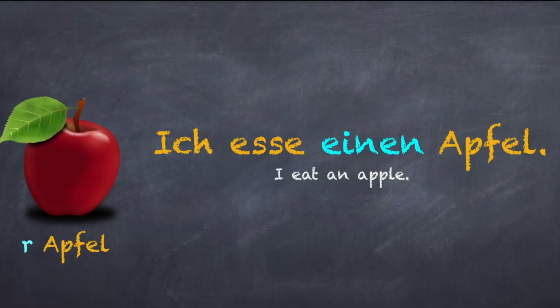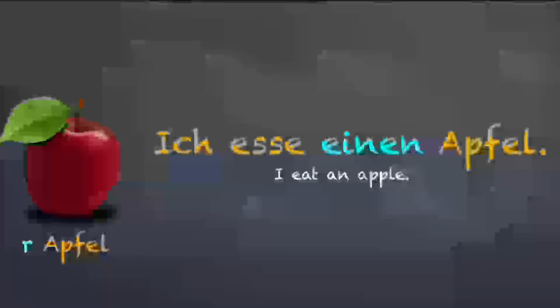So in this case, my accusative object is einen Apfel. Whenever this accusative object is masculine, just like here, my article changes from ein to einen. You must remember that this happens only in the case of a masculine article.